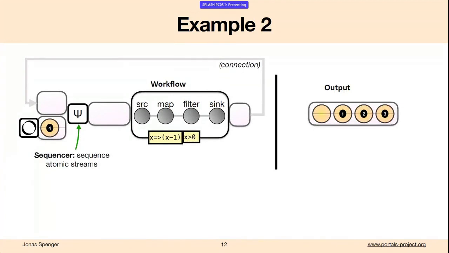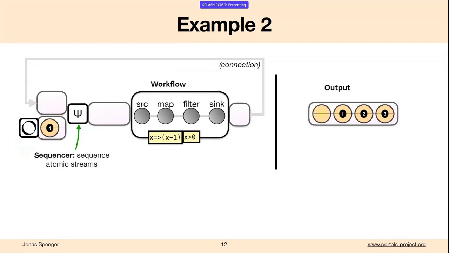Are there any questions about this example? Okay. All right, so we can do cycles, of course. Here we now have a cycle, you can see, from the output of the workflow back around. The way we can do this is by having a sequencer. The sequencer can take two atomic streams and combine them into a single totally ordered atomic stream. Again, here we generate the event 4.